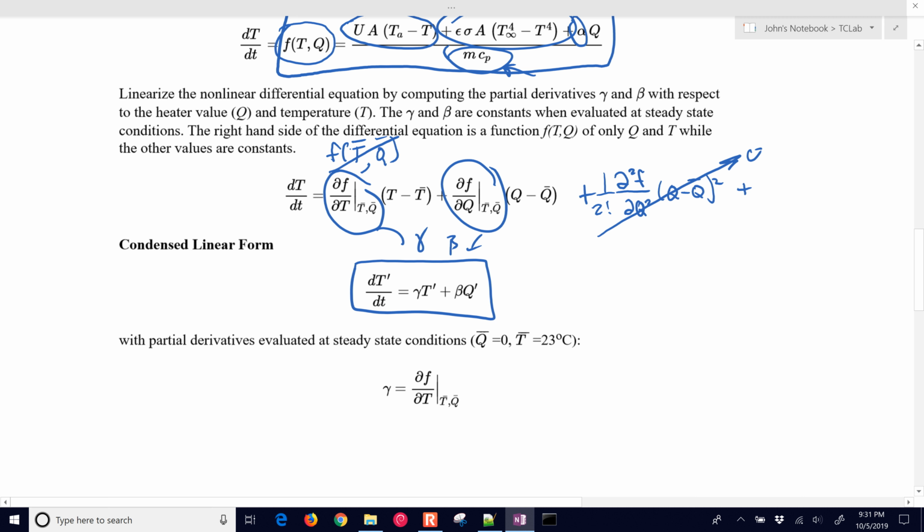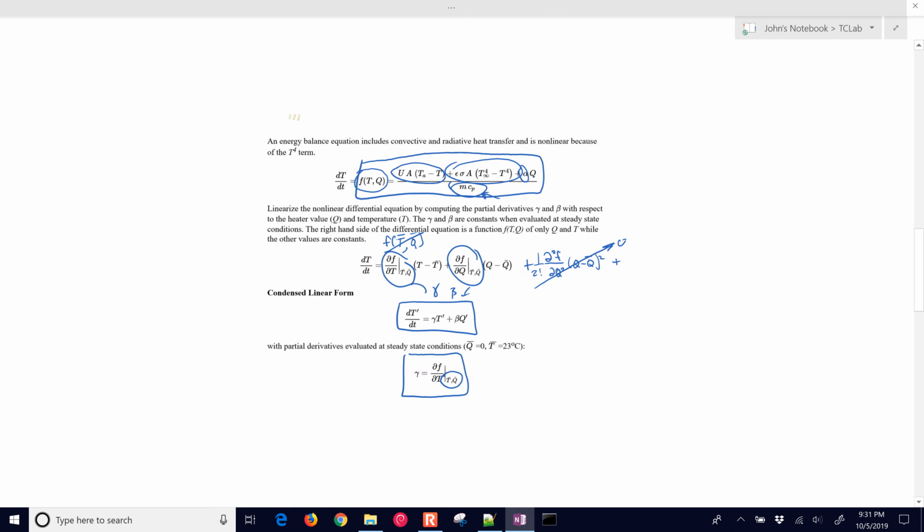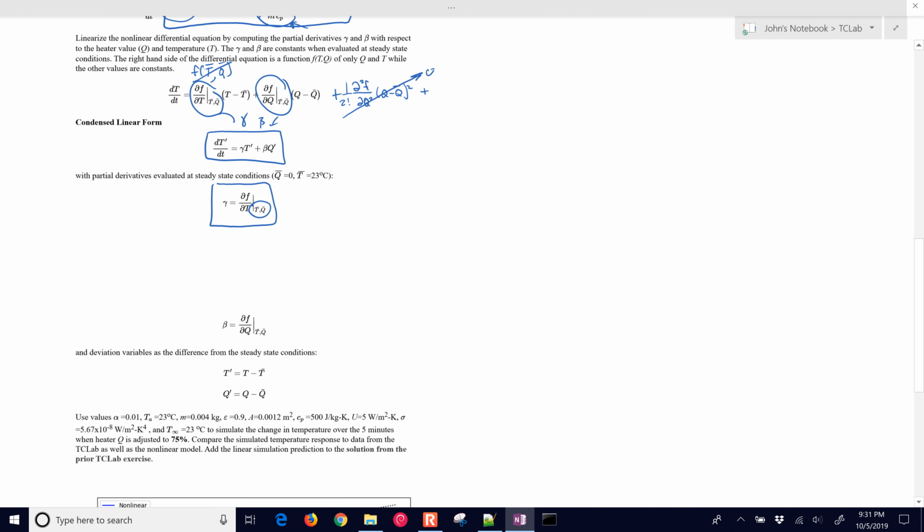But just to give application here, we're going to say our gamma is that right hand side of the equation. We take the derivative with respect to T, and then we plug in the nominal values there of T bar and Q bar to our steady state conditions.